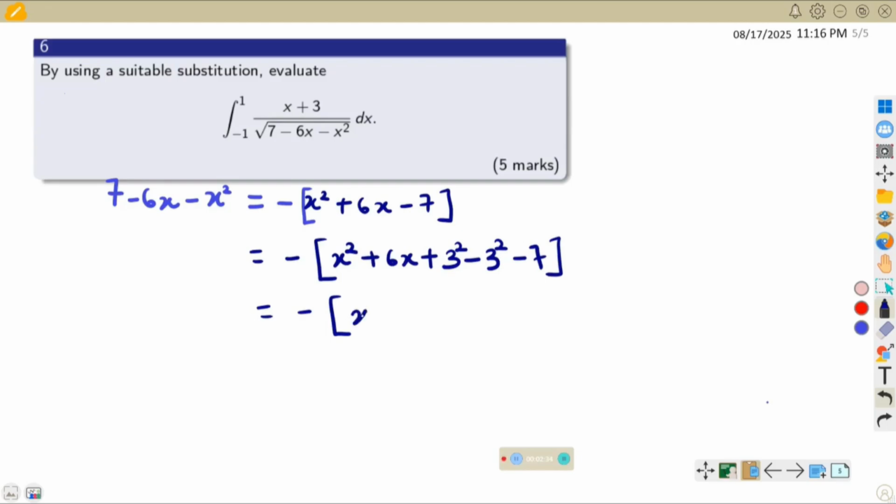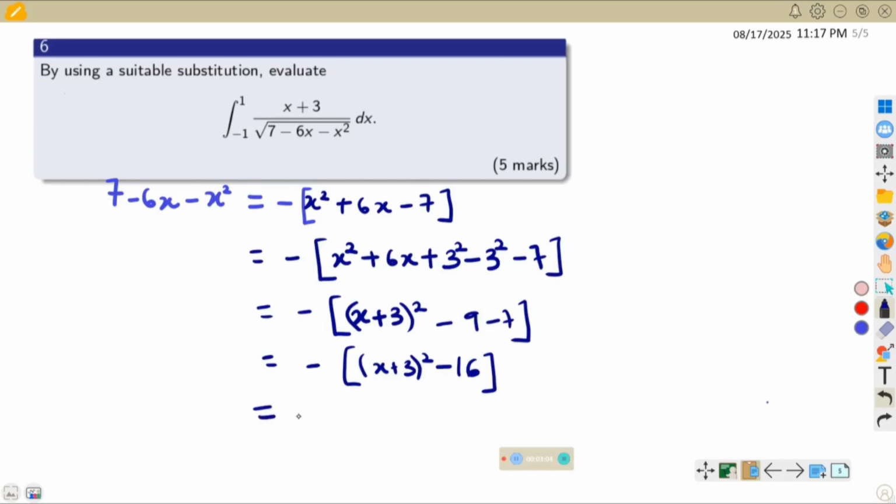So I will have x plus 3 squared, then minus 3 squared will give us a 9 minus 7. So we shall end up having negative into x plus 3 squared minus 9 minus 7. We'll end up having negative 16. Then multiply back our negative. We shall have 16 minus x plus 3 squared.